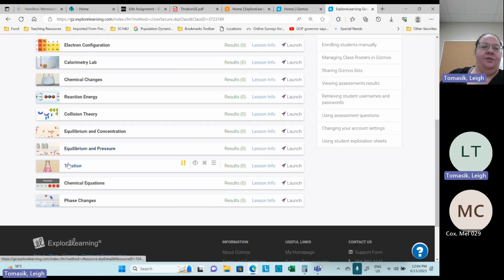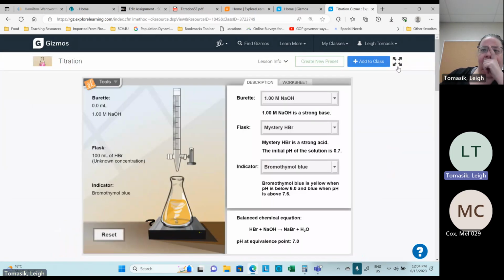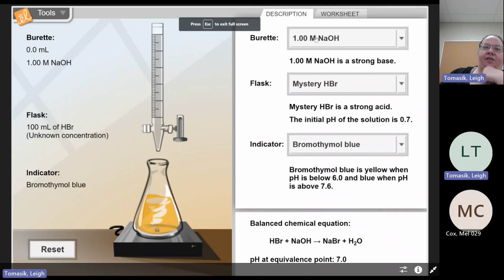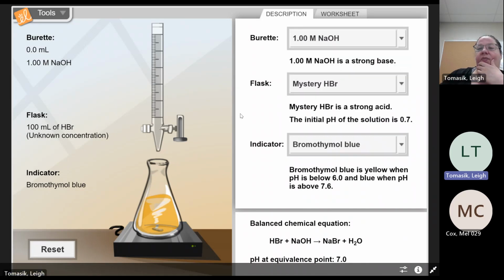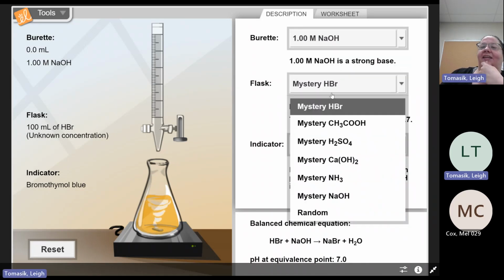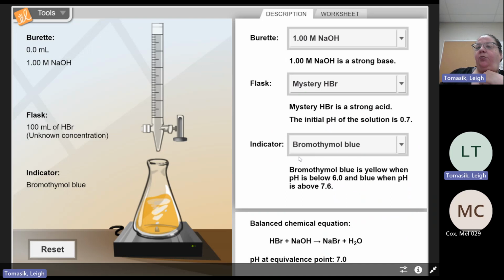So in this lab, okay, we have a whole bunch of different titrants. Okay, they're all strong. We have some analytes, some are strong, some are weak. And we have some indicators. And when you change the indicators, it will show you their range.